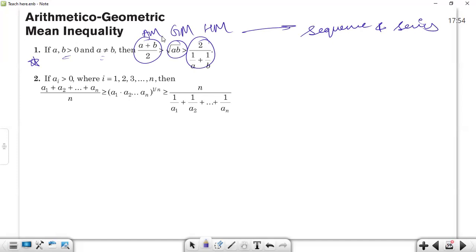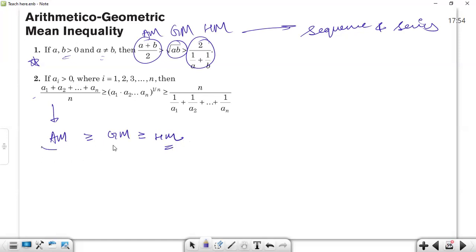Even there are a lot of questions on the property that the arithmetic mean of two numbers is greater than the geometric mean of those two. Now let's discuss the second property. If the Ai terms are greater than zero, so positive, where i is 1, 2, 3 to n terms, then the arithmetic mean is greater than or equal to the geometric mean, which is greater than or equal to the harmonic mean.